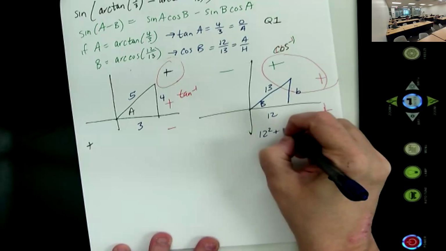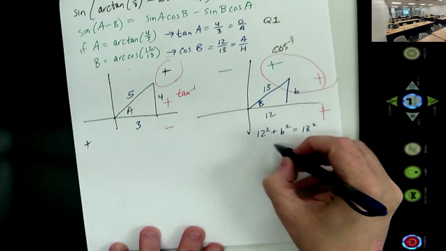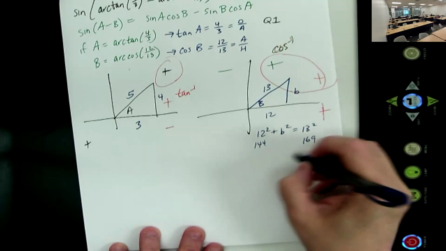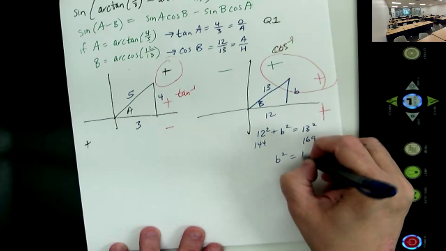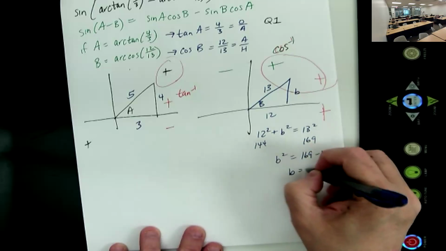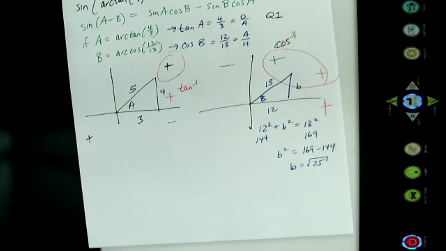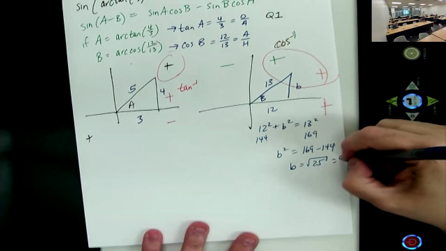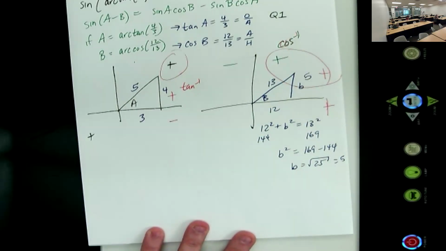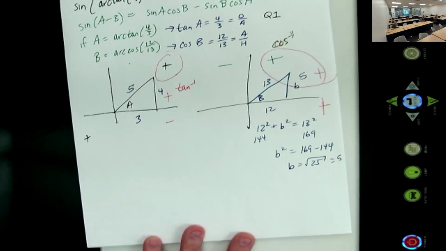Well, a squared plus b squared equals 13 squared. That's 144 and 169. B squared equals 169 minus 144. B is the square root of 25. B is 5. 5, 12, 13 is a known triangle as well. But if you're not in architecture, you probably don't know them very well.